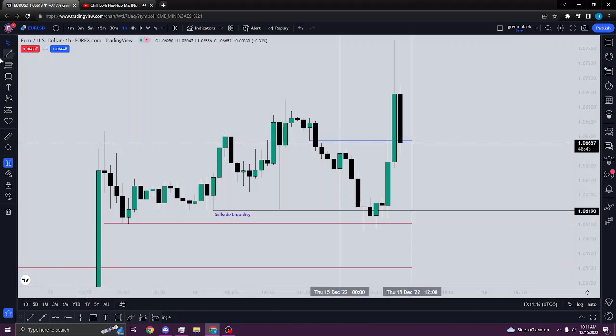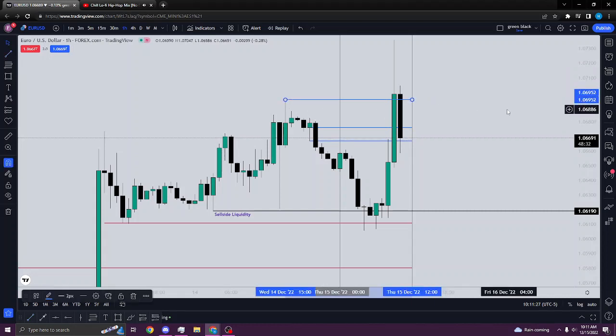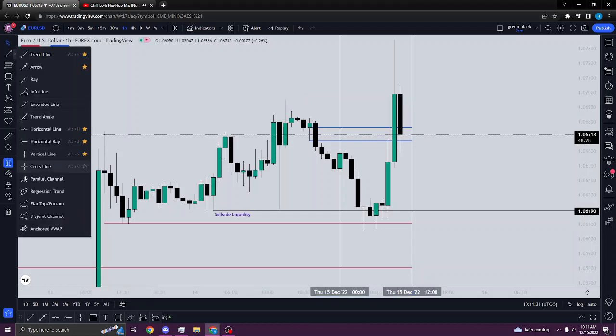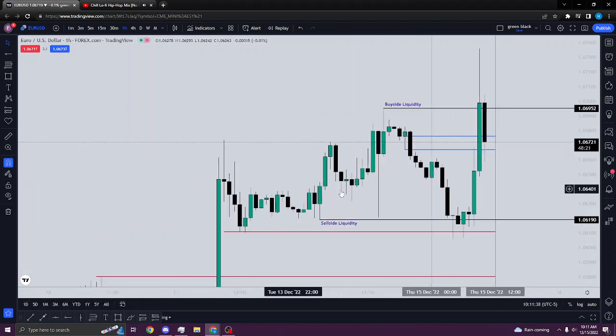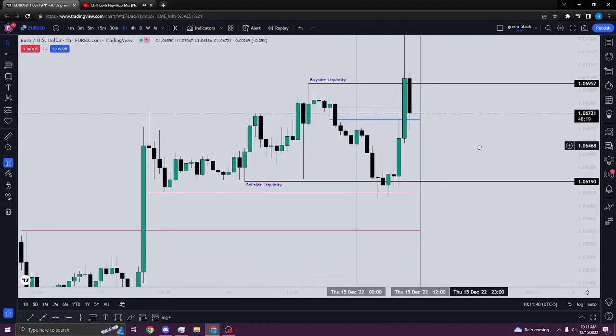So we have this level. We have that opening level as well. I can draw that out. And then you have the old high, of course. For the old high, I'm going to just mark out that's buy side liquidity.